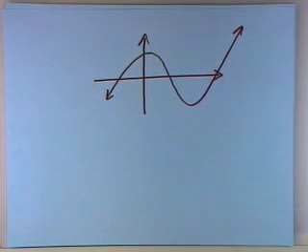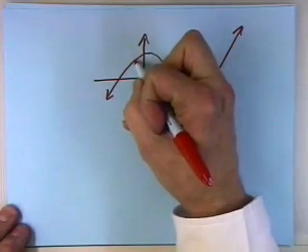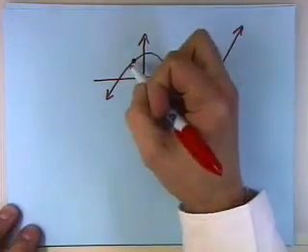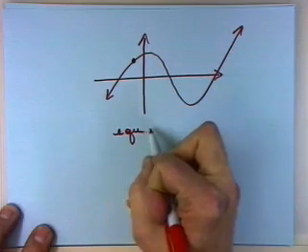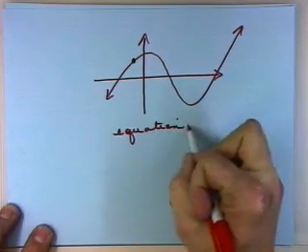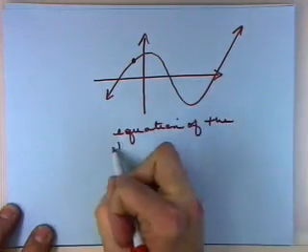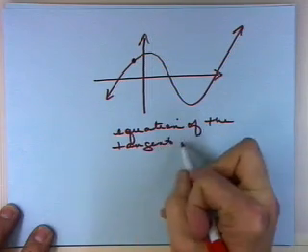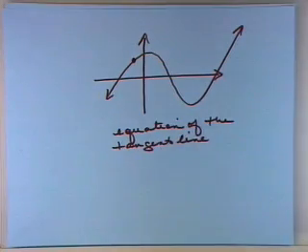One of the tasks that we may be asked to do early in a calculus problem is, at a certain point on a curve, find the equation of the tangent line. So we're going to have a way, the derivative, to find the slope of the tangent line to the curve. We're not ready for that quite yet, but it's right around the corner.